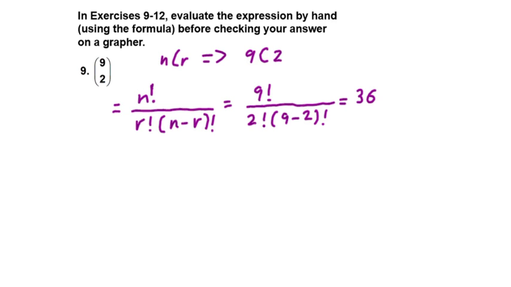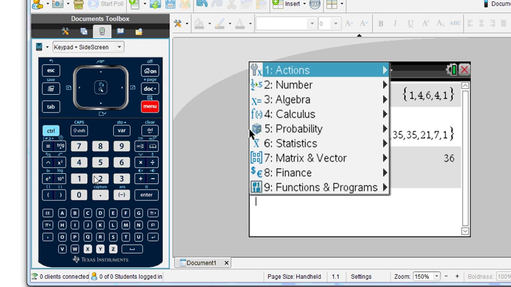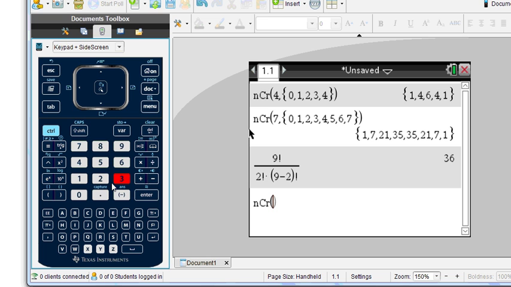And we can go in our calculator and do this the different way, like we did earlier. We go to menu, probability, combinations. We're going to put 9, comma. We get our bracket here by pressing Control and the bracket symbol, and we just want 2.